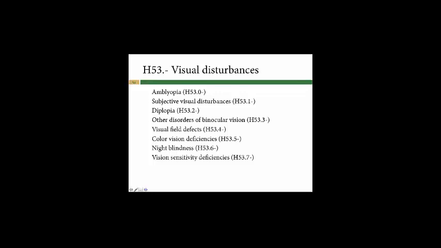So if I look at amblyopia in the H53.0 dash subcategory of code, I'm going to find other choices. It's not going to be just one code. It's going to be by type, unspecified, deprivation, refractive, strabismus, and then, shockingly, by laterality.